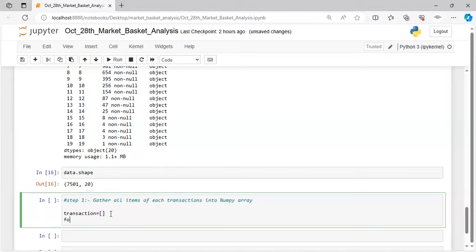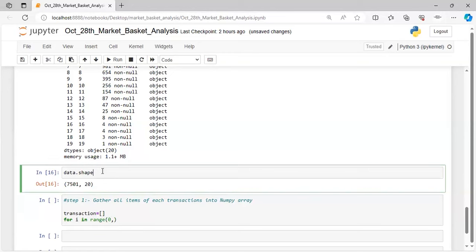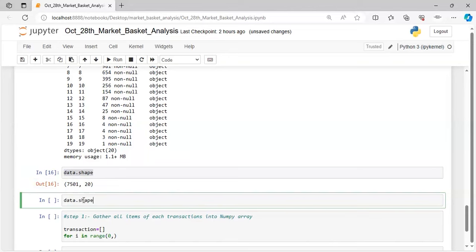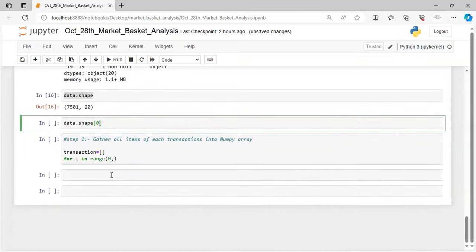For i in range, it will start from 0 to, if you see here, what is this value? data.shape[0] means 7501. So this is the total number of rows, so we will go from 0 to 7501.